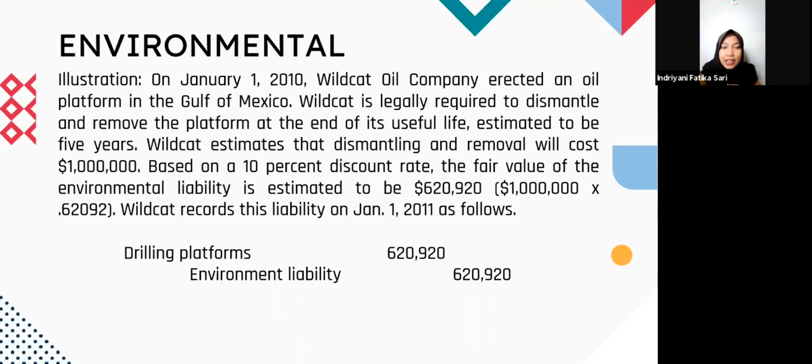Examples of existing legal obligations which require recognition of a liability include but are not limited to: first, decommissioning nuclear facilities; second, dismantling, restoring, and reclamation of oil and gas properties; third, certain closure, reclamation, and removal costs of mining facilities; and fourth, closure and post-closure costs of landfills.